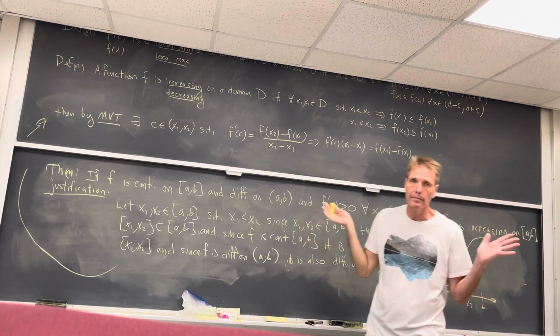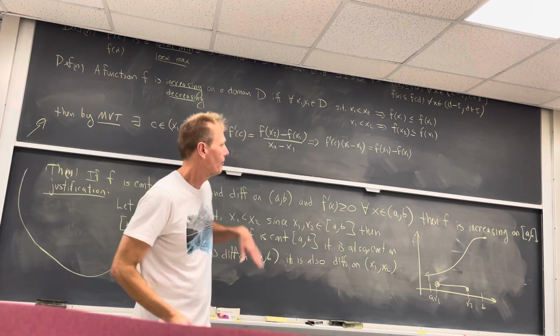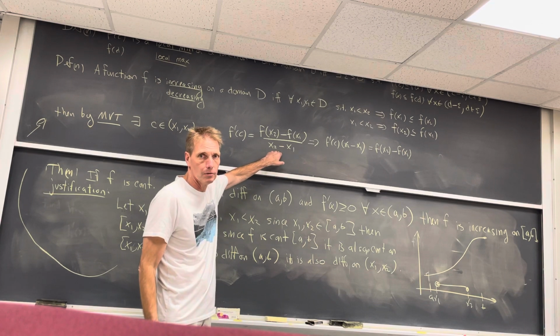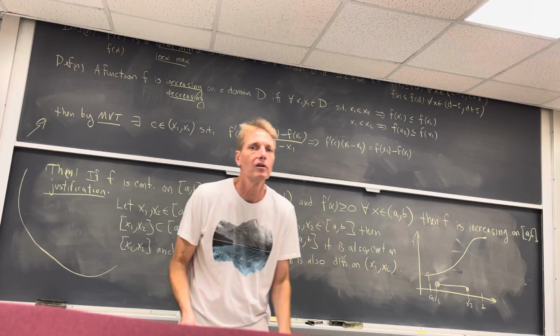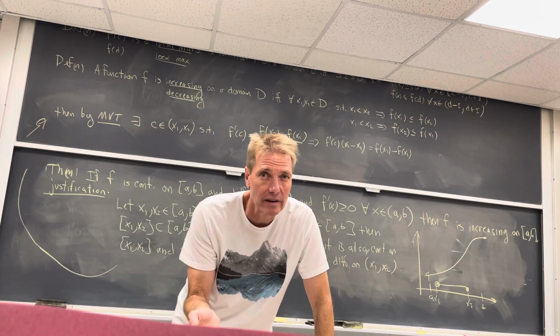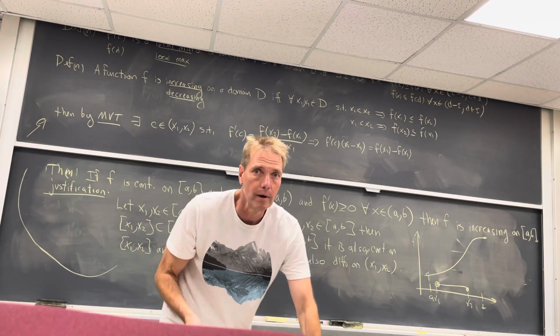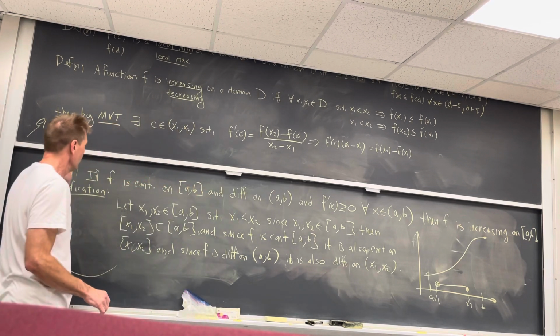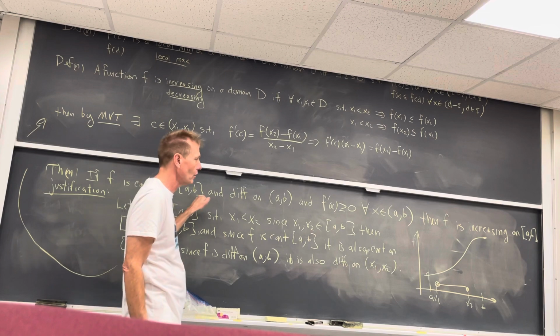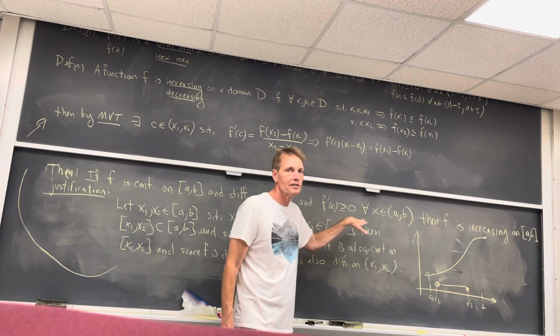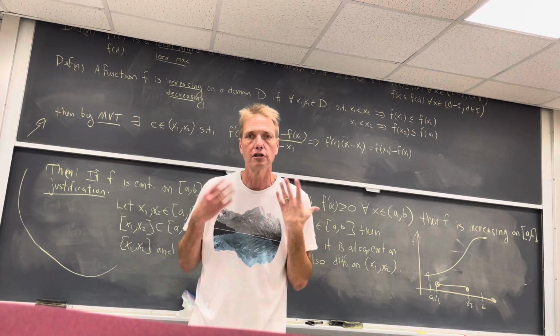So hopefully you're not puzzled by this move. I know it's boring, but all I'm doing is multiplying both sides by x2 minus x1. Now you might be going like, Dr. Warren, why are we doing this again? I forget what this thing's even about. Remember, what we're trying to show is that if the function is continuous on the closed interval and the derivative is positive, then the function is increasing.